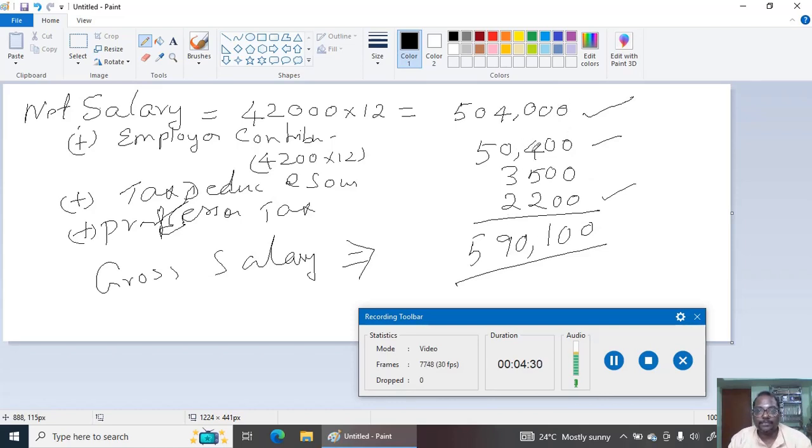There is a deduction of 50,400, another deduction of 3,500 and another deduction of 2,200. When you sum them all up, the answer you get is 5,90,100 rupees. That is the gross salary of Mr. Raja. That is one important sum to be noted.